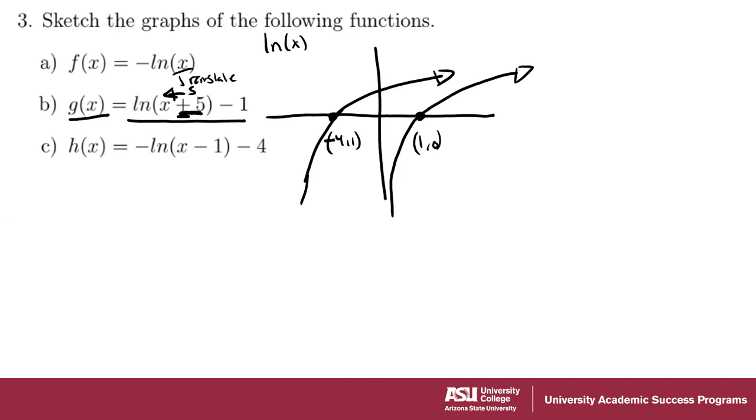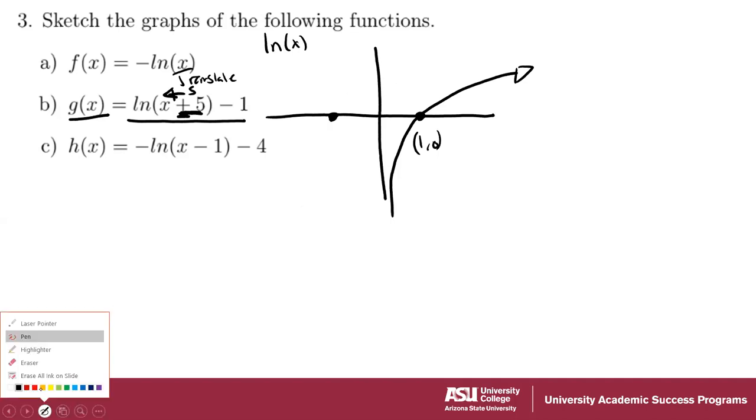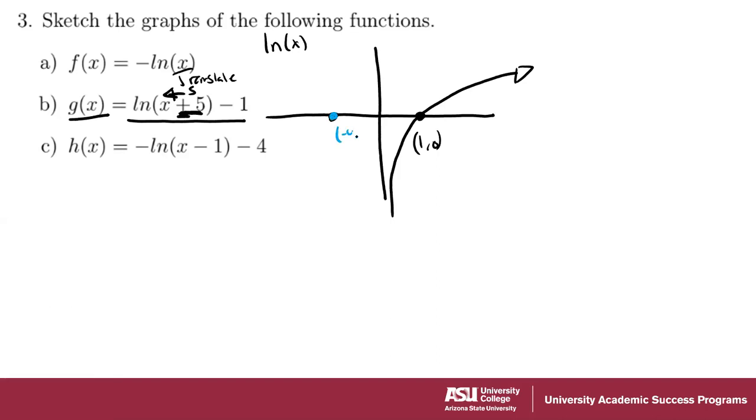So let me put a different color. And here at -4, 0 is where we cross the x-axis, since we're going to the left 5 units.